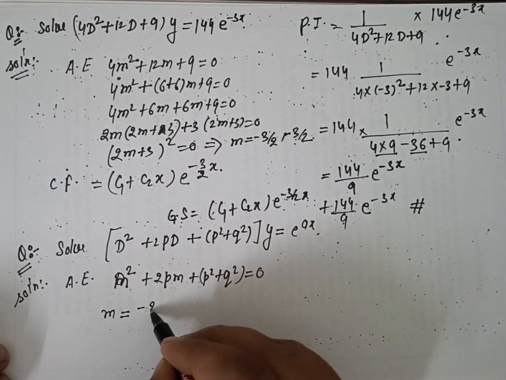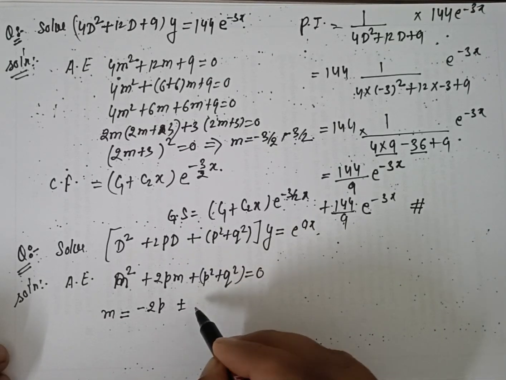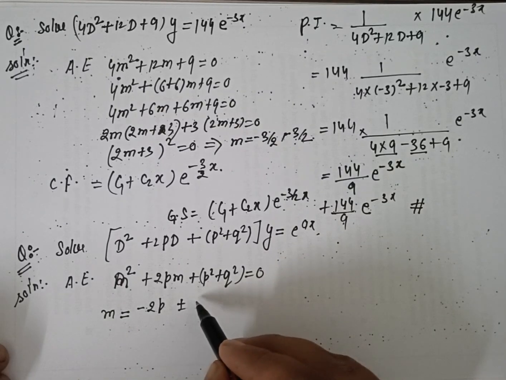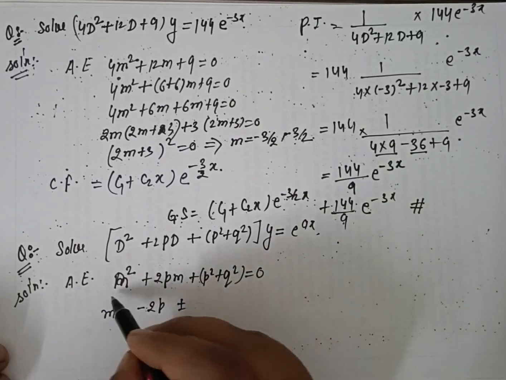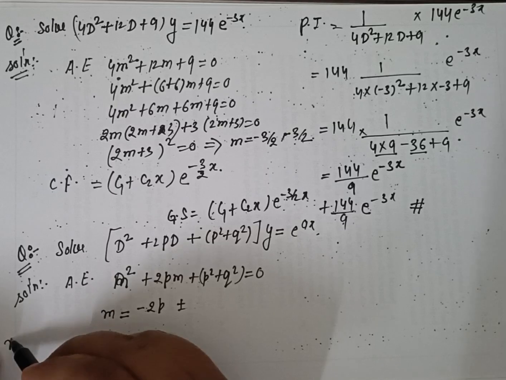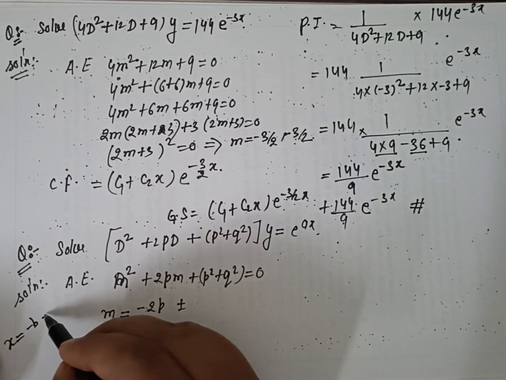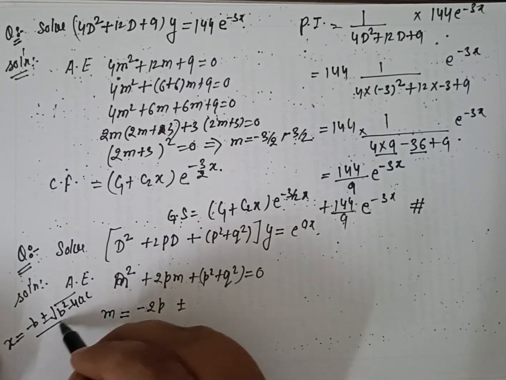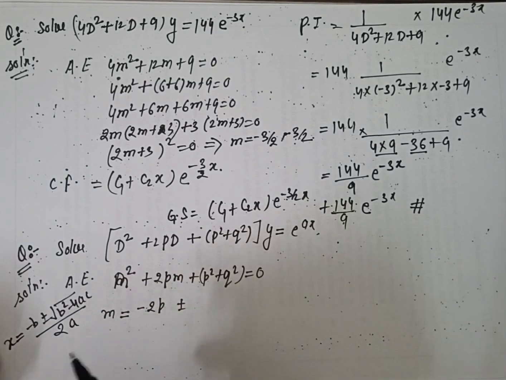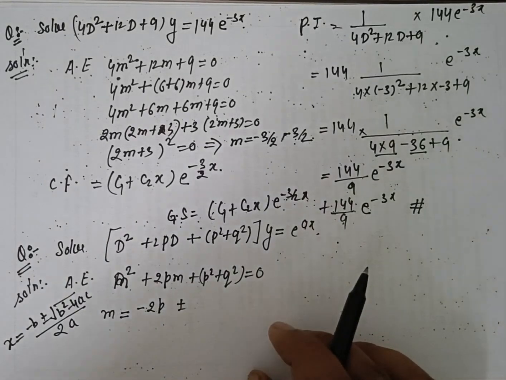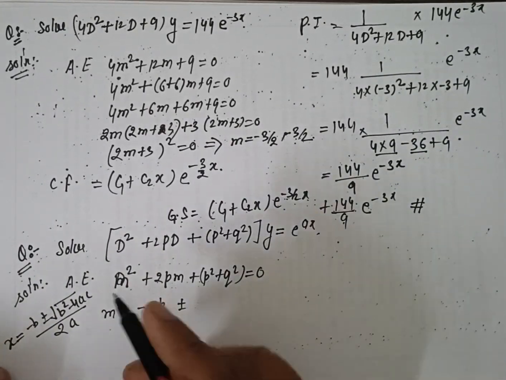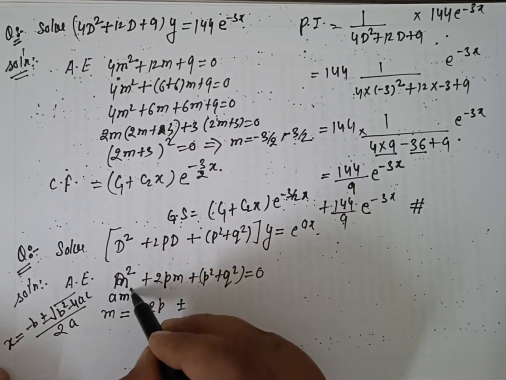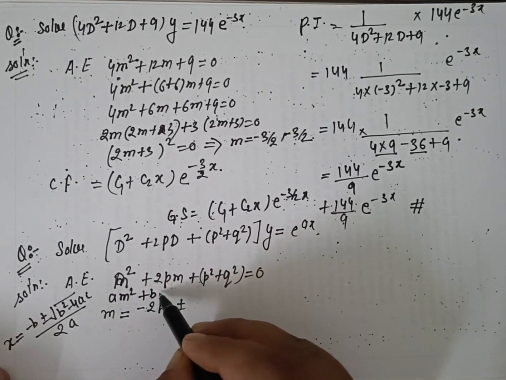We have −b ± square root, and how will we decide a, b, c? I am writing here the Sridharacharya formula: x = (−b ± √(b² − 4ac)) / 2a. This formula decides the two roots of any quadratic equation, and a, b, c are what? Just compare the given equation with the general quadratic equation.